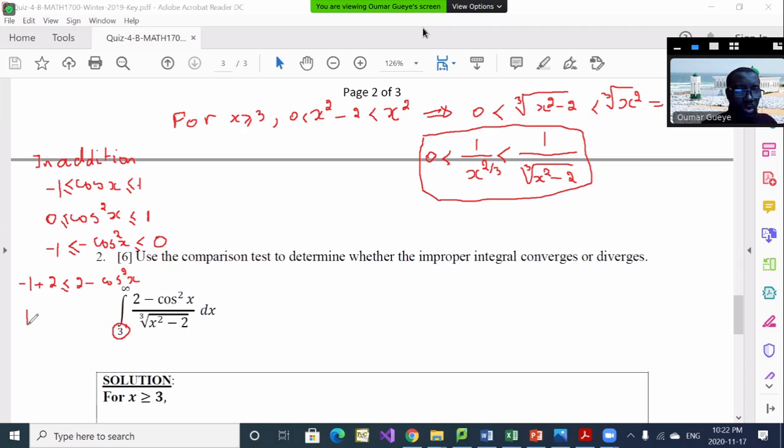It means 1 is less than 2 minus cosine square x, and I prove now my numerator is less than 1.